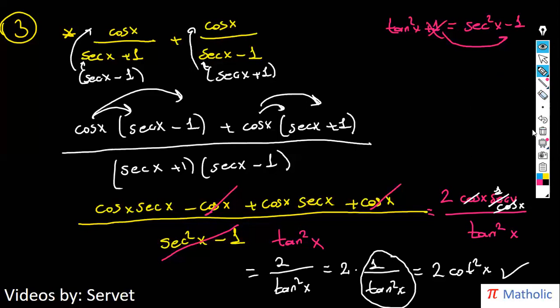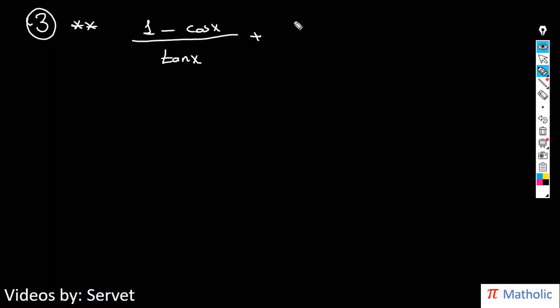So let's check another example. Example number 2. 1 minus cosine x over tangent x plus sine x over 1 plus cosine x.